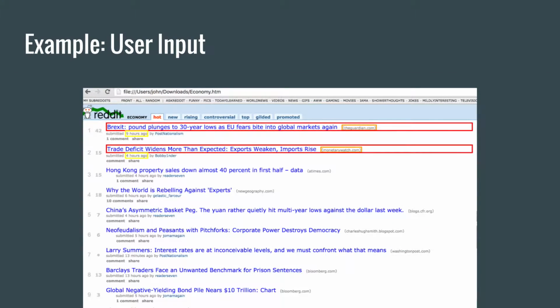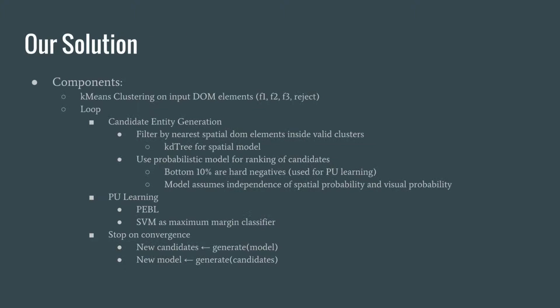So I'm going to skip over user input because you'll see it in the demo, and I'll show you a brief overview of our solution. We had a couple of problems, and this one is that the number of DOM elements on a web page is actually quite large, so we need to shrink that down. For us, we use k-means to cluster things which probably belong in the data entity model and things that don't.